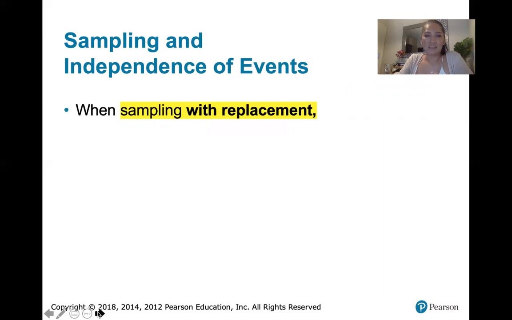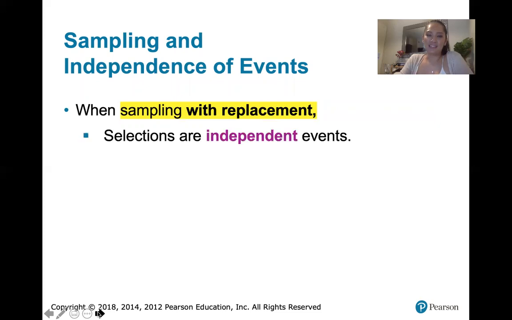So any probability that you calculate after that is going to be exactly the same as it would have been had you not done anything at all. So these events will be independent. The selections are independent because we're sampling with replacement.